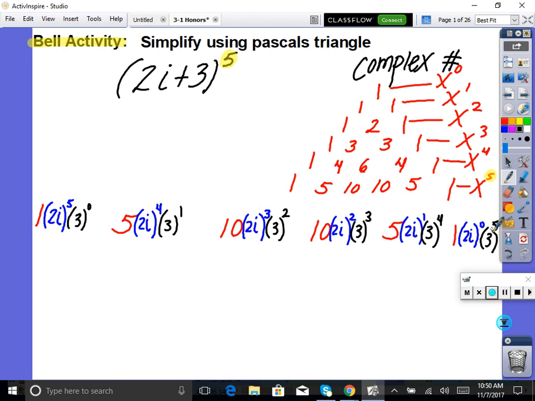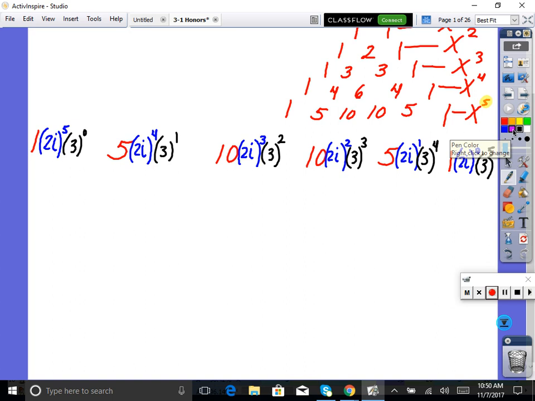Sweet. How many of you were at least able to get up to this far? Nice. Now let's all simplify the last part, this next ending part together.